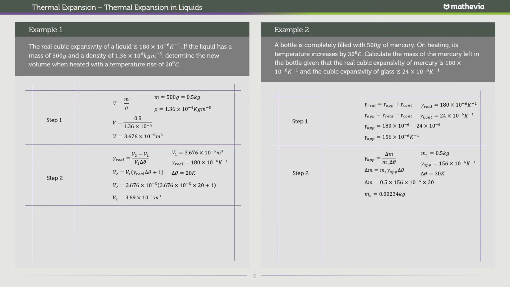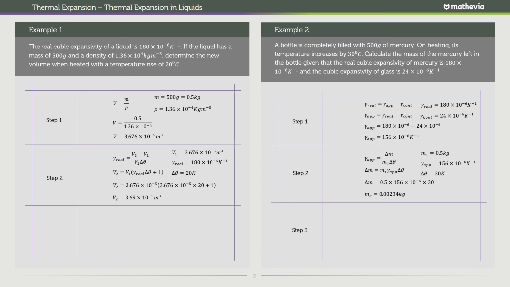We have this as the mass expelled, that extra mass. Basically, when the liquid expands with a completely filled bottle, some of that liquid will be expelled out of the bottle. It's that change in mass that we're looking for here. Not necessarily an increase in volume, but some of the mass getting expelled.